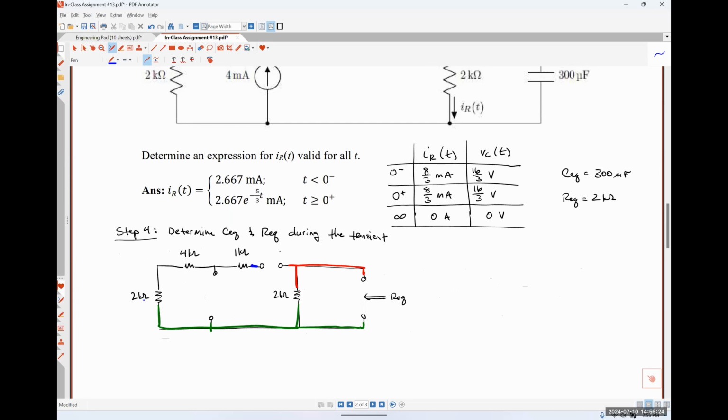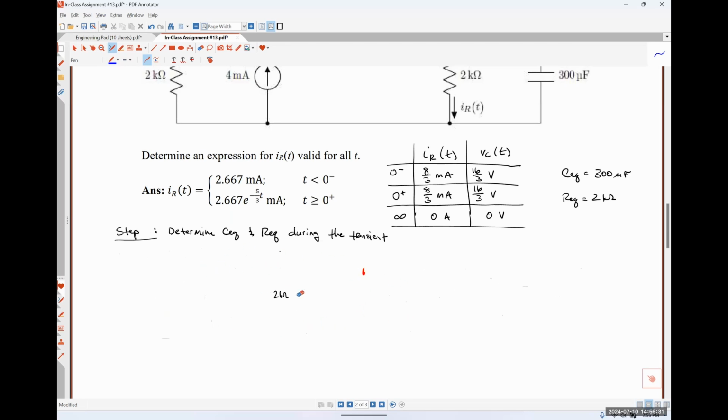All right. So now we're going to go to step 5. And this is our last step, for what it's worth. So step 5 is simply plug stuff into our equation.